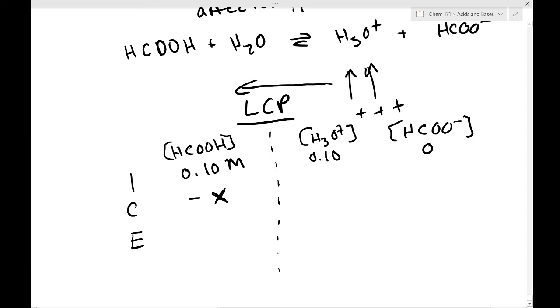We're going to use X to show the amount of HCOOH that has been depleted, and this is the amount that we gain in both H3O+ and HCOO-. So we have 0.10 minus X at equilibrium, 0.10 plus X at equilibrium for the H3O+, and X for HCOO-.